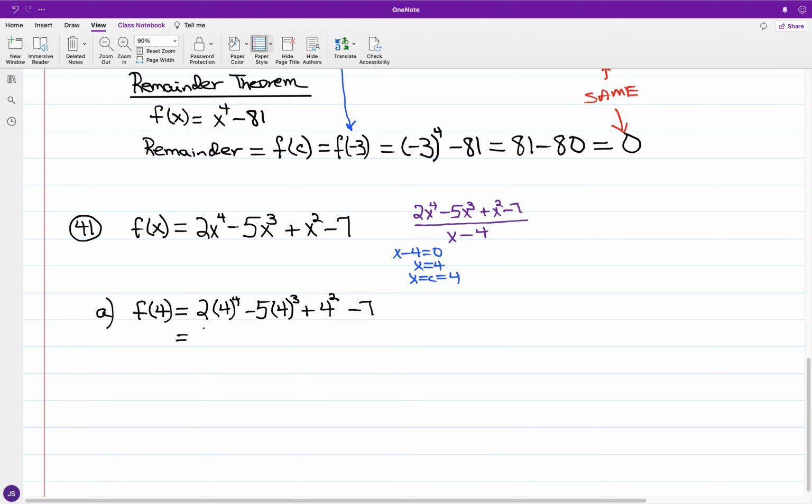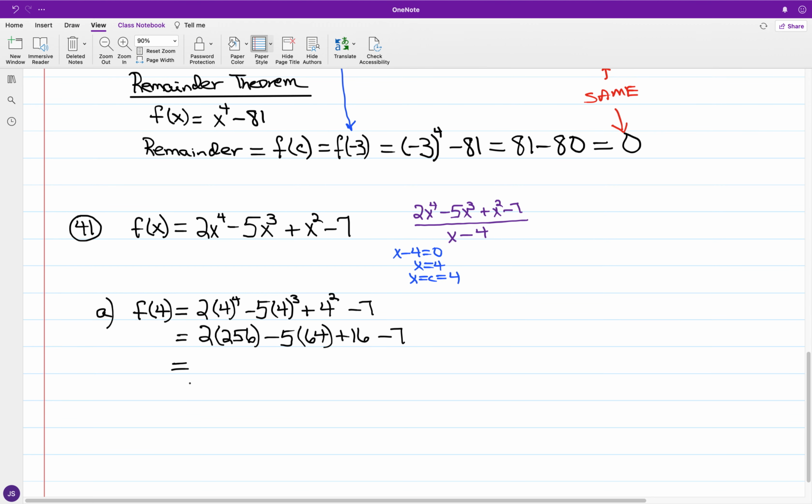Okay, so we're going to have some big numbers in the mix. So 4 to the 4th, that is 256. We got minus 5. Now 4 cubed is going to be 64. And we have 4 squared is 16.